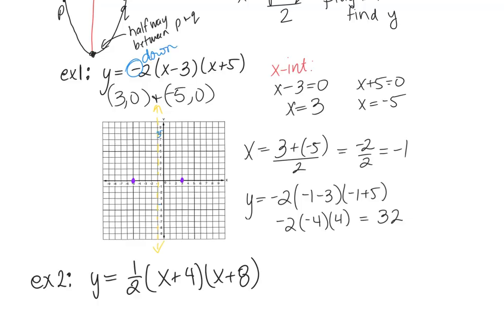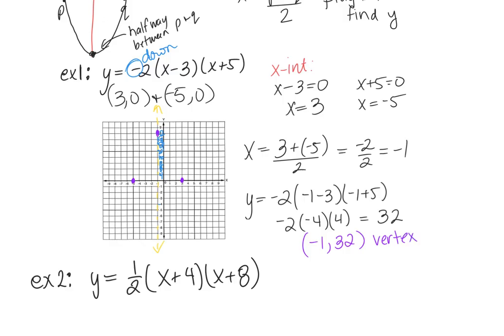If I count by 4s, 4, 8, 12, 16, 20, 24, 28, and 32, I'm going to put this point up here at negative 1, 32. So my vertex is negative 1, positive 32. That is my vertex. And now I draw my parabola.